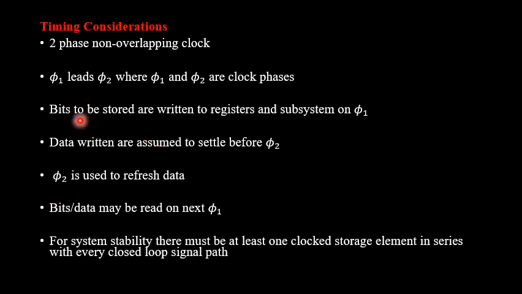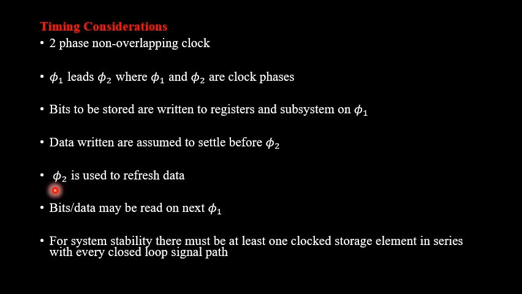Whatever bits are to be stored will be stored in registers, which we are going to make use of. If I want to write something into the register in the subsystem, it should be done only during the clock signal phi 1. And if I want to perform any refresh operation, it has to be done during the phi 2 clock signal.